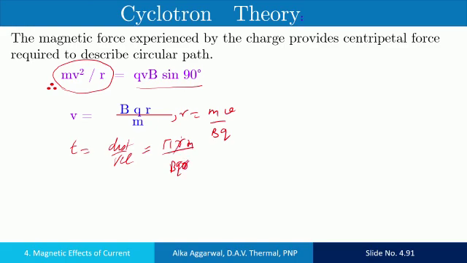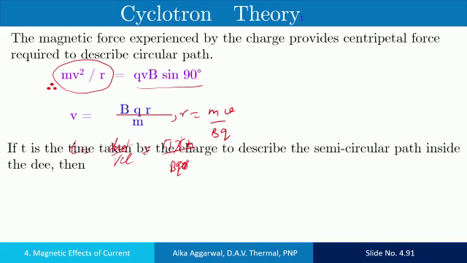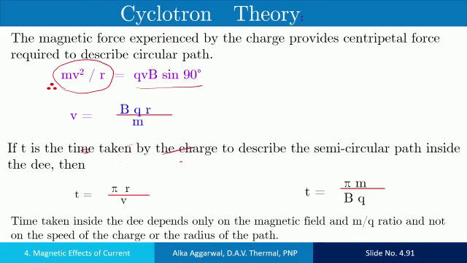See, the time is independent of the radius and the velocity. It depends on the mass and charge, which are all constant. As the time does not depend on the radius or the velocity, the particle spends equal time in a D.